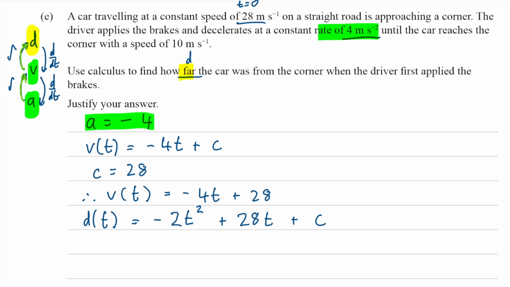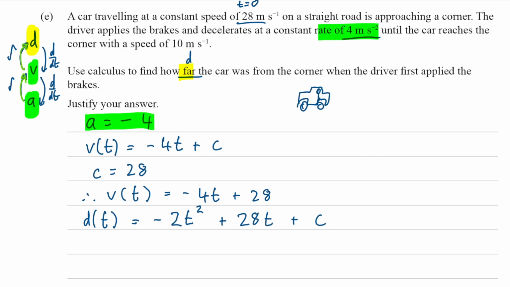And what about c? So again, think of this as the initial distance measured from when they start the stopwatch. So from the problem, they start applying the brake at time 0, and so little diagram, beautiful car, here's you, right?